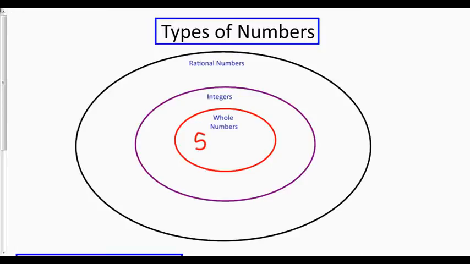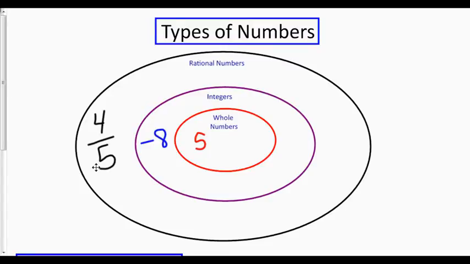An example of a number that's an integer but not a whole number would be something like -8. It's not whole because it's a negative, but it's also a rational number because I could write this as -8 over 1. And an example of a number that's rational but is not an integer or a whole number would be something like 4/5.